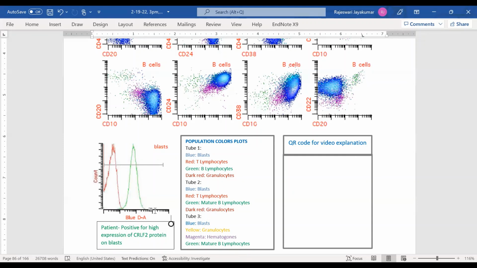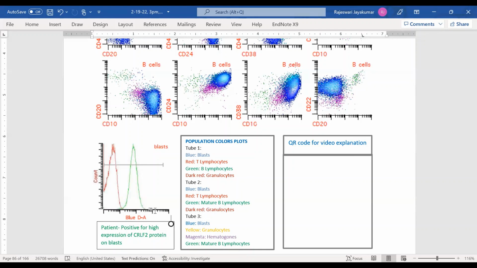So that's the importance of CRLF2. And most facilities do this analysis mainly for the pediatric population, because it seems that as the age increases, the incidence of CRLF2 translocation decreases.